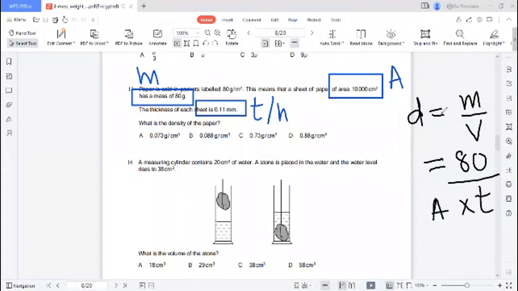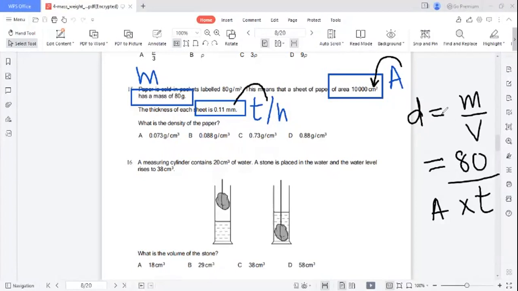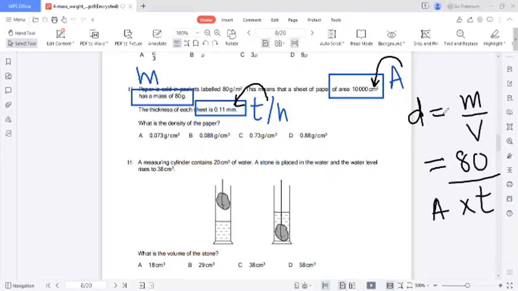This time it's thickness. Normally we call it base area into height, but this time it is thickness. You can see the area is in centimeter square and thickness is in millimeter. So we need to convert one of them into the other's unit.